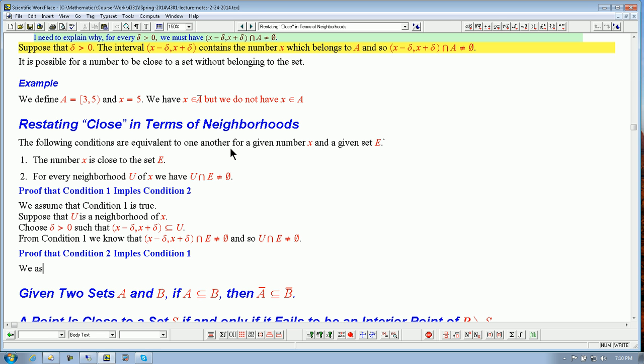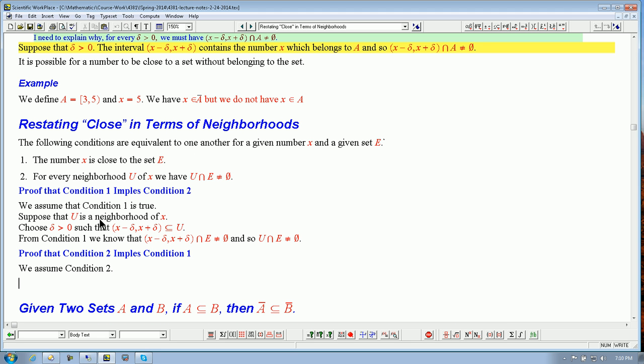So we assume, well, you want to prove that condition 2 implies condition 1? We assume condition 2. See? What is it that we've assumed? We've assumed that for every neighborhood U of X, blah, blah, blah. Okay? We wish to prove condition 1. What is the statement of condition 1?